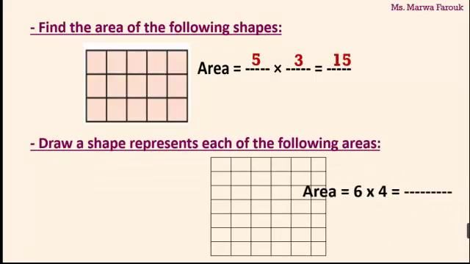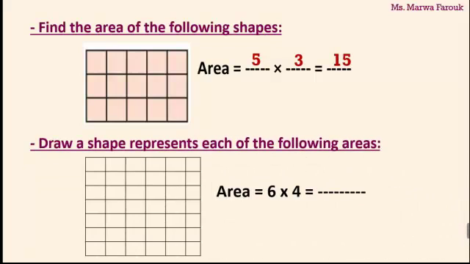Okay. Here he gives me grid lines and I want to draw a shape that has area 6 times 4. I can say that we have 6 columns and 4 rows, or the opposite, 4 rows and 6 columns. I will just start to draw 6. 1, 2, 3, 4, 5, 6.